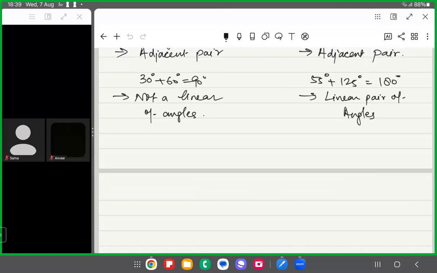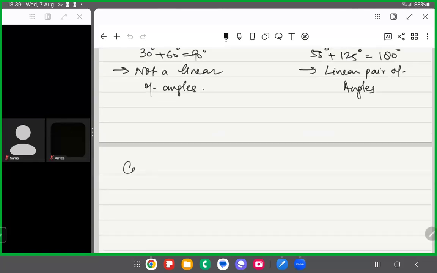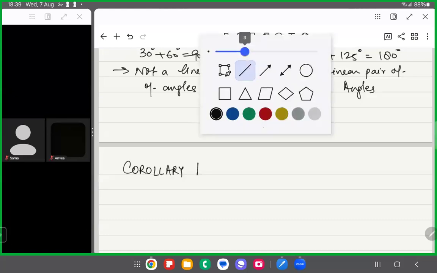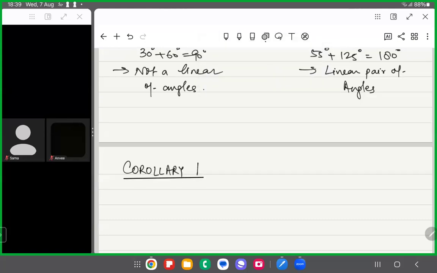So you can say corollary 1, write down. Corollary means these are the results based on the theorems we have studied, right? Now, what does corollary 1 say?